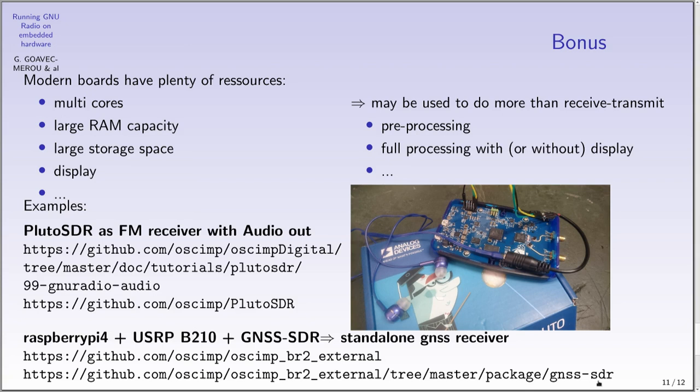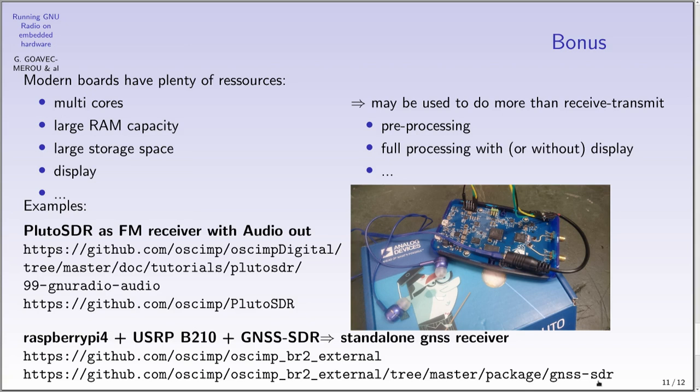And another example is a Raspberry Pi with plenty of resources with a USRP B210 connected with a USB 3 interface, and GNSS-SDR, the package, the application used directly on this board. This allows to have a standalone GNSS receiver.